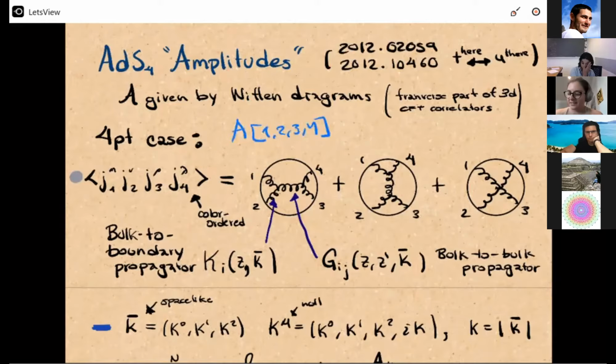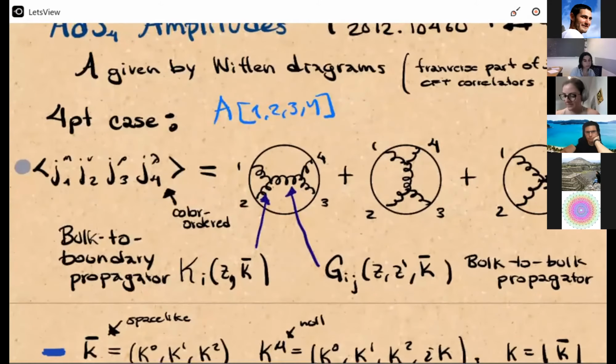And just as in flat space, instead of normal Feynman graphs, here we have our Witten diagrams. So for this color ordering, these are going to be the contributions. Again, we have our standard S channel, here is going to be our U channel, and you're going to have contact terms.